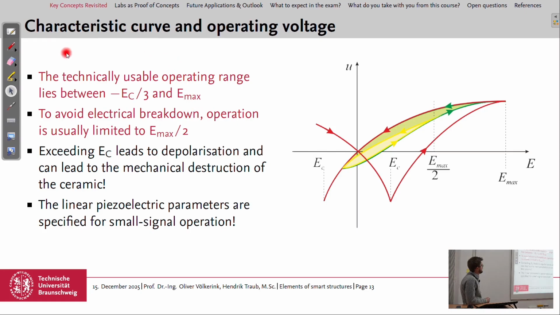Then we can have a look again at the butterfly hysteresis, especially on the usable operating range. We said that it's basically possible to use it between minus EC, the coercive field strength, and up to E max, but in real application we limit it to EC divided by 3 and 50% of E max to stay away from depolarization here and a breakdown of the piezoceramic on the other end due to too high fields.